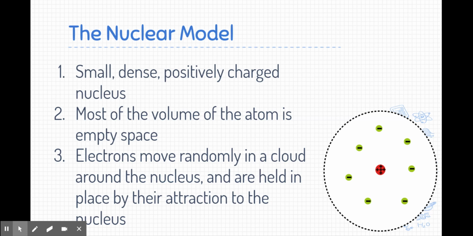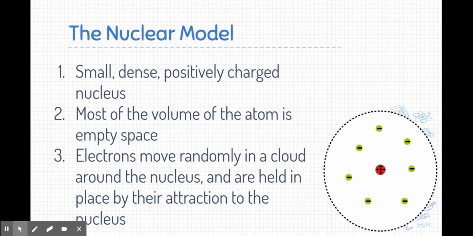An accurate representation of the space that is involved in the volume of the atom is thinking about the atom as the size of a football stadium. So imagine the volume of an atom is the volume that's occupied by a large soccer or football stadium. If that was the volume of the atom, then the nucleus would be the size of a small marble.